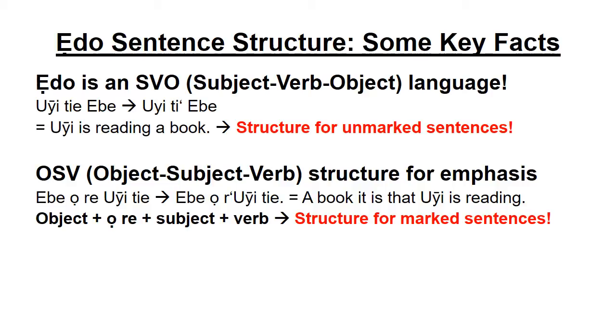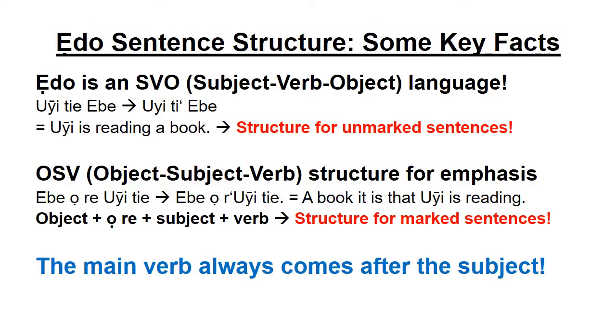Oe is it is, but in normal English it will be it is a book that Uyi is reading. So the emphasis is on the book and not just about Uyi reading something. So you have this structure of OSV, and I have it here in more detail. You have the object and then the oe plus the subject and then the verb. So the main thing is that in either case, the verb always comes after the subject. The main verb in the sentence always comes after the subject.